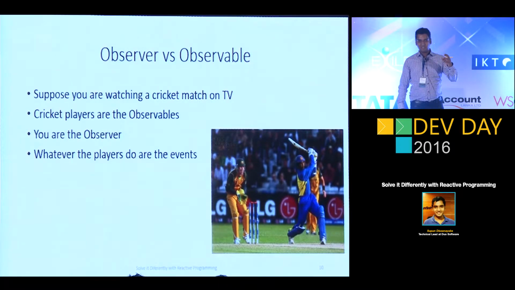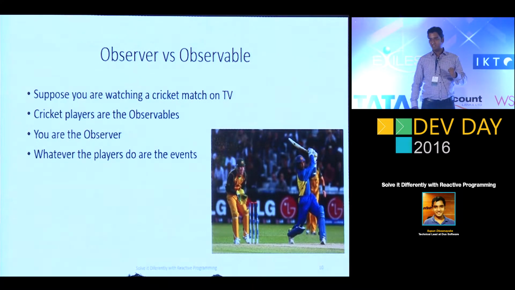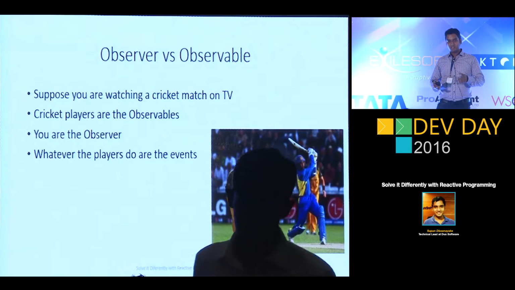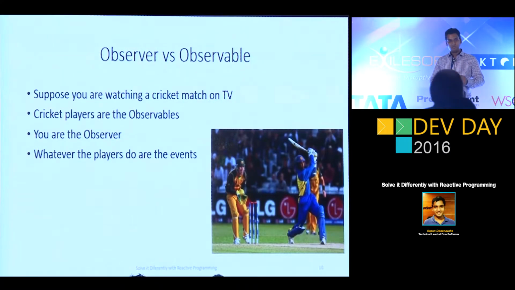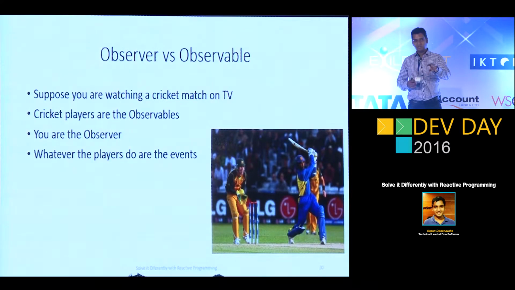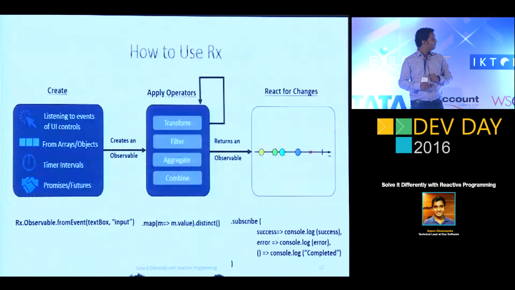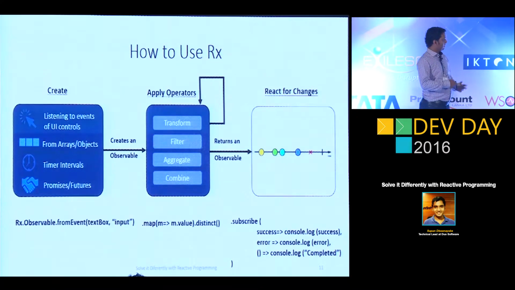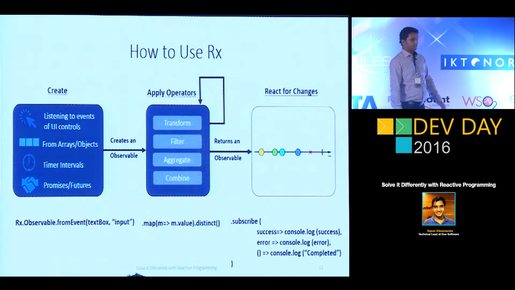Similarly, in reactive programming you respond to those reactions in your code. This also has similarities with the object-oriented observer pattern, and the difference is that we focus more on the observable, the one whose changes we monitor.